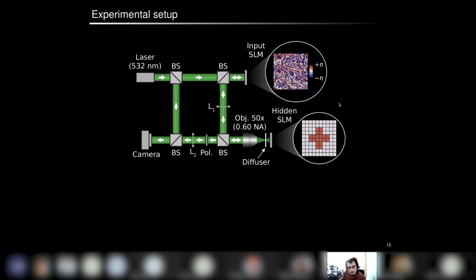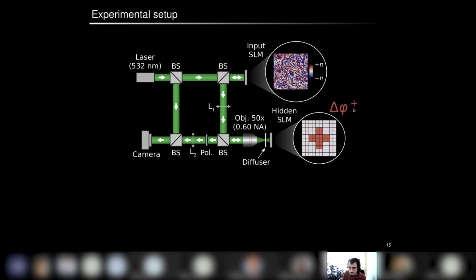Now, in order to identify this optimal incident state that maximizes the Fisher information, what we need to do is first to measure the derivative of the scattering matrix, here the reflection matrix, with respect to theta. So we measure one full reflection matrix with more than 2000 modes for one given phase, delta phi plus.